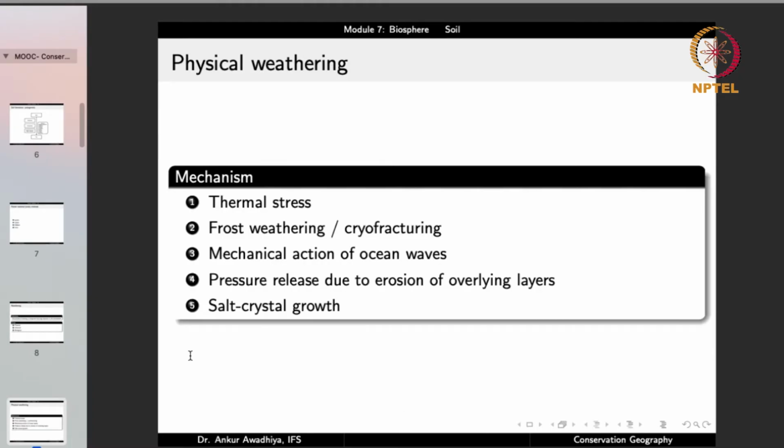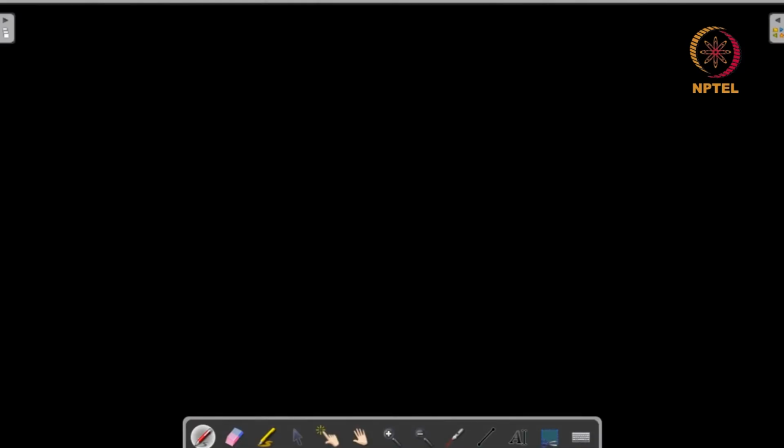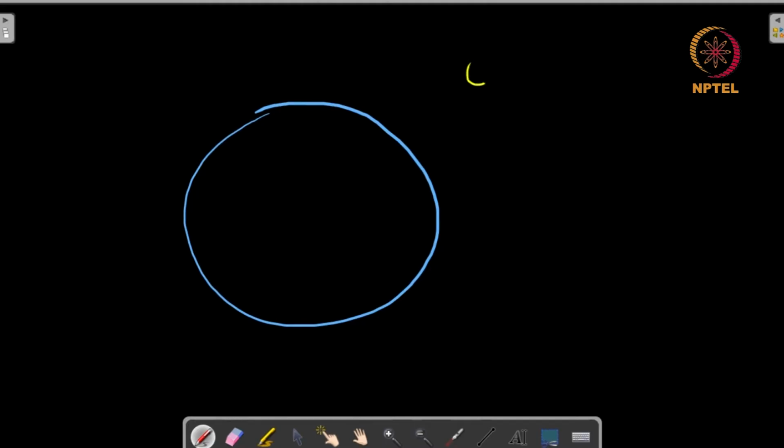Physical weathering could include mechanisms such as thermal stresses, which means that if there is a rock and this rock is exposed to the sun, then in the daytime the portion that gets exposed to the sun becomes warmer, and when it becomes hot, it expands, and in the night time this portion becomes cool and it contracts back.